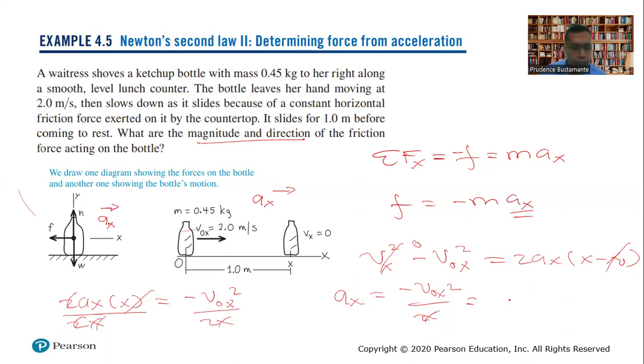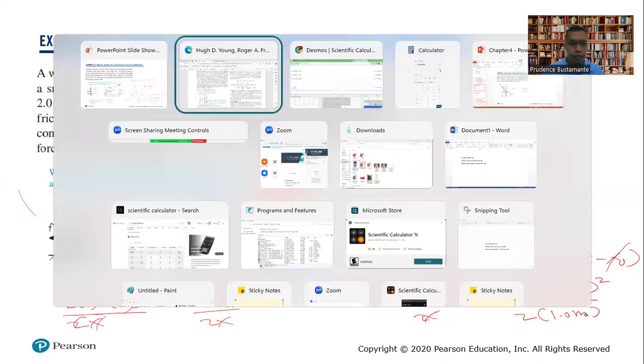I think our acceleration here must be negative. Let's try. The value is negative 2.0 meters per second, squared, over 2 times the 1 meter. You can see that our acceleration is negative.